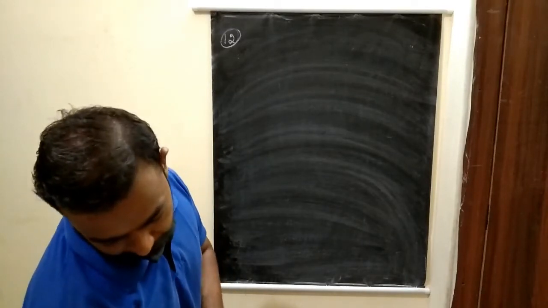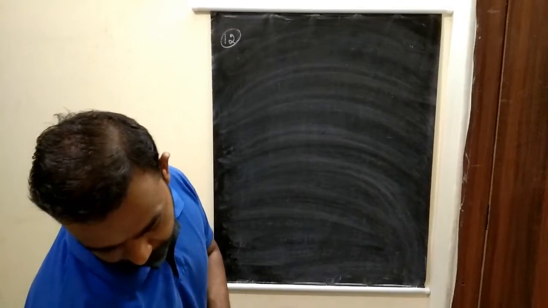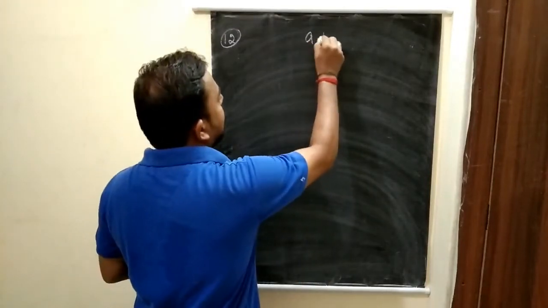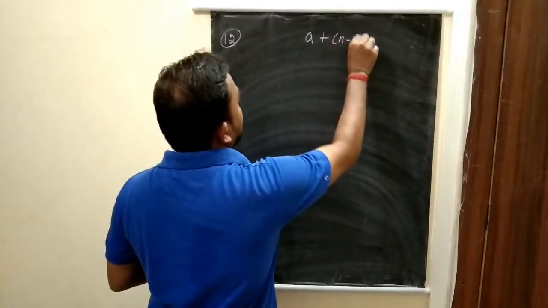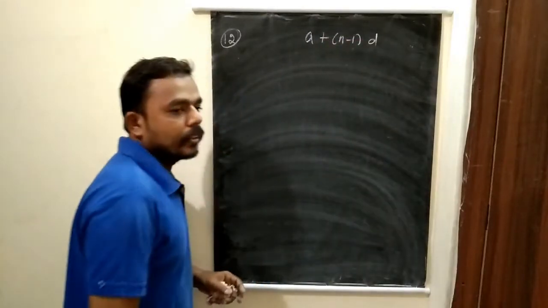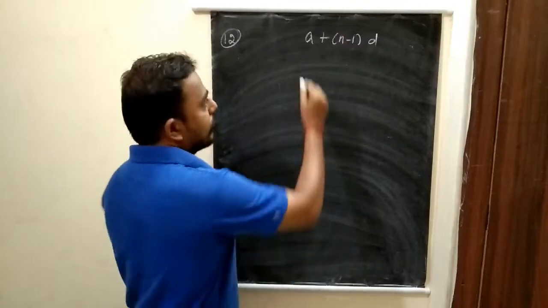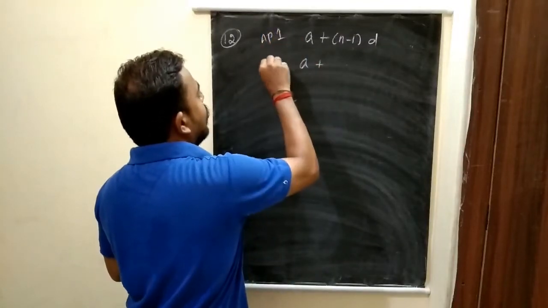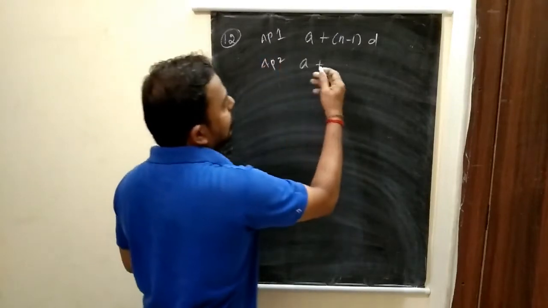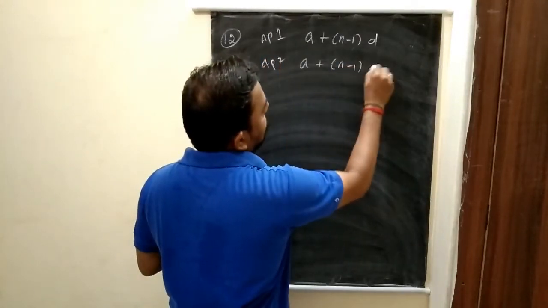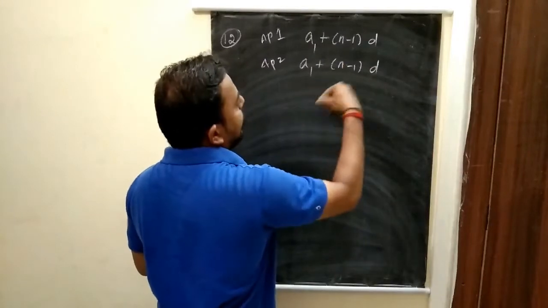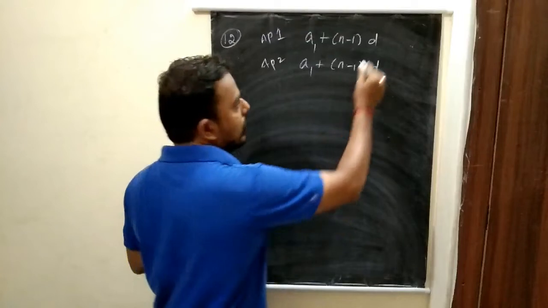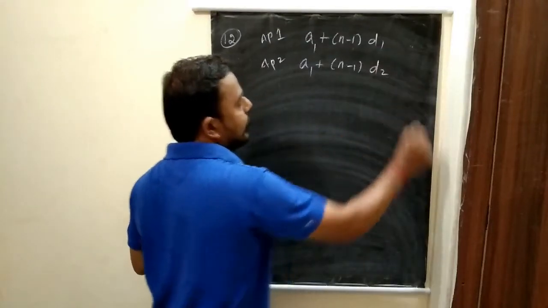The difference between their 100th term is 100. So actually we have a plus n minus 1 into d. I am going to consider another AP, AP1 and AP2. So for that, A1, A2. Here n is common, the last term, but D1, D2.